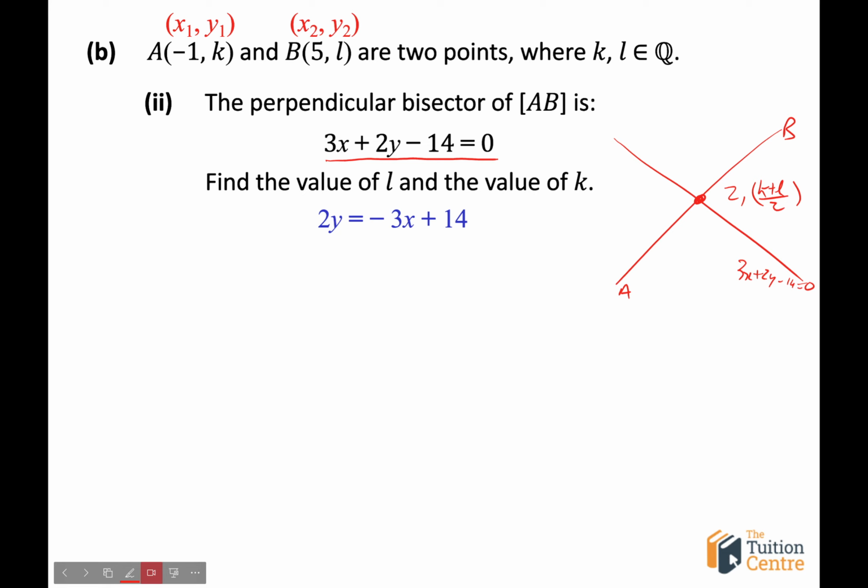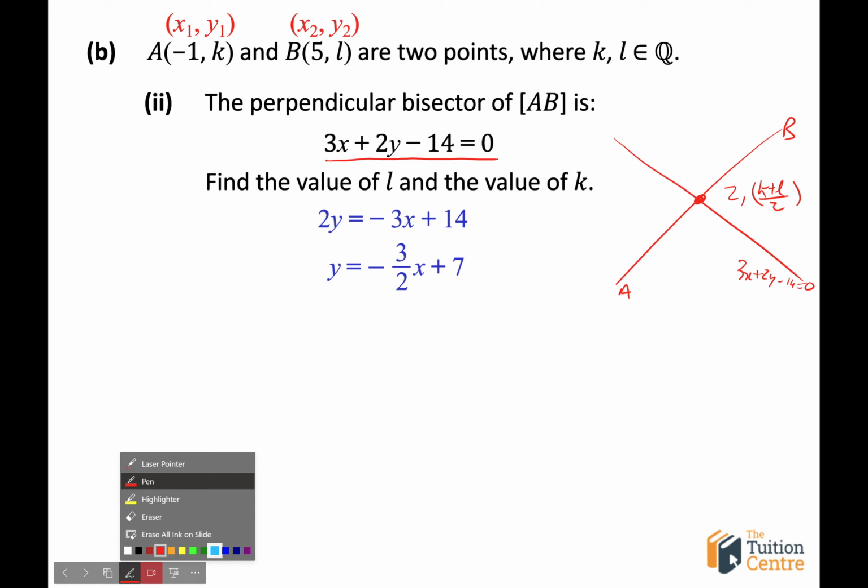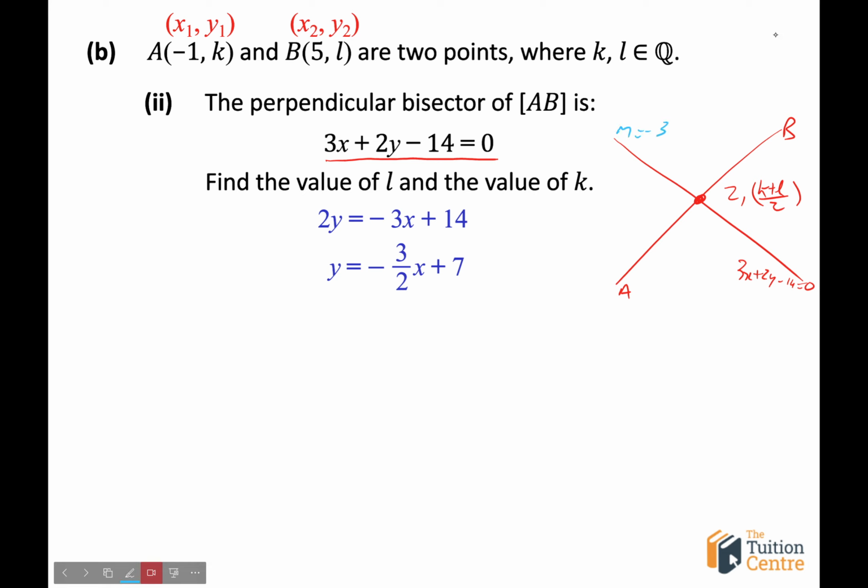So what can we say? If we get the slope of this line by isolating y, the slope of this line is equal to -3 over 2. The slope of the perpendicular line, which is AB, will then be 2 over 3.